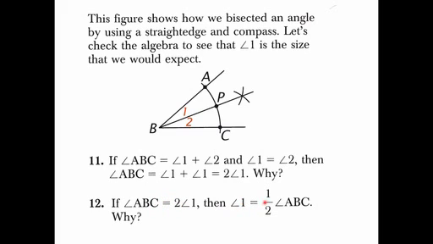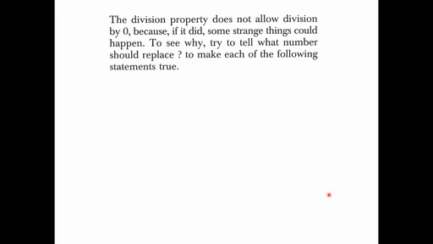Then angle 1 is equal to half of angle ABC. What happened here? ABC is on the other side, but now it's times a half, and here it wasn't. Here it was 2 angle 1, and here it's angle 1. Got an answer? Write that property down.